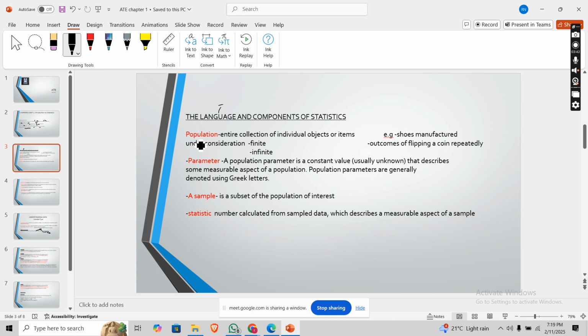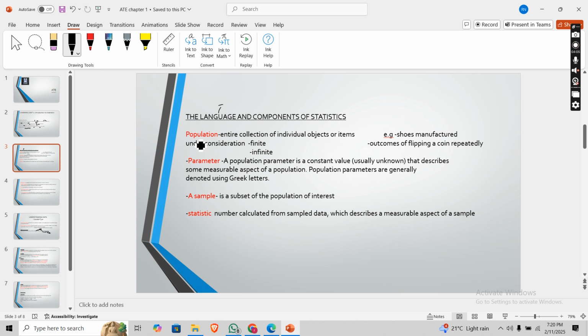A population can be finite or infinite. An example of a population could be, if I gather data from all 50 ATE students in a lecture hall, then those 50 ATE students are my population.